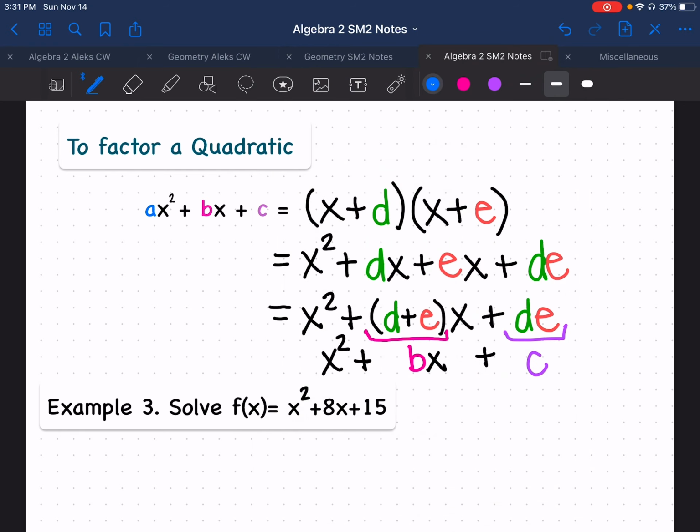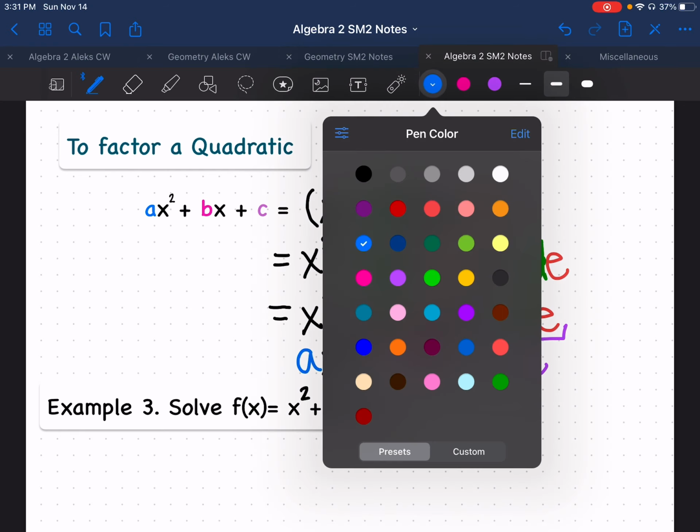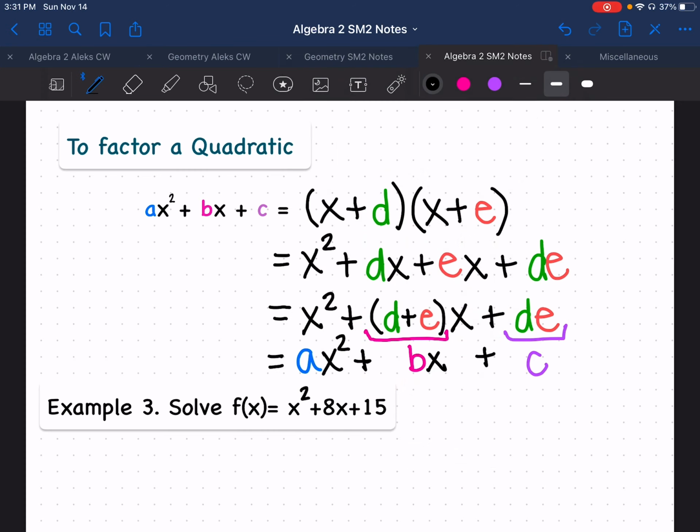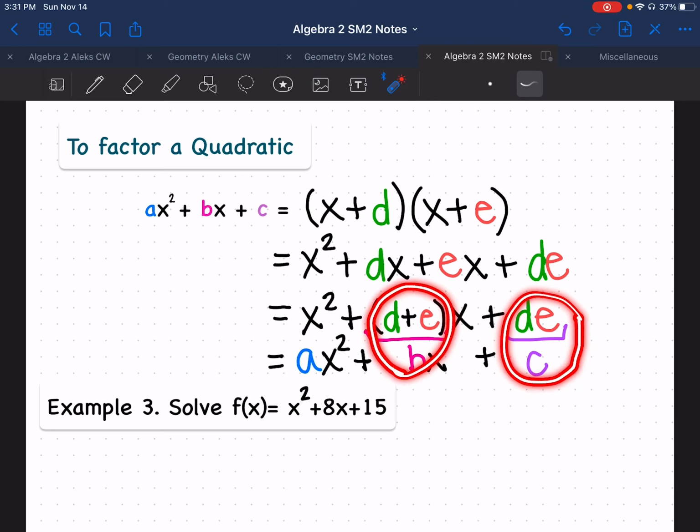Let me put the A there. And notice that when I factor, I'm looking for two numbers that multiply to C, and when I add them, they give me B. So that's what it means to factor. I want to find the multiplication of the C term that adds to the B term.